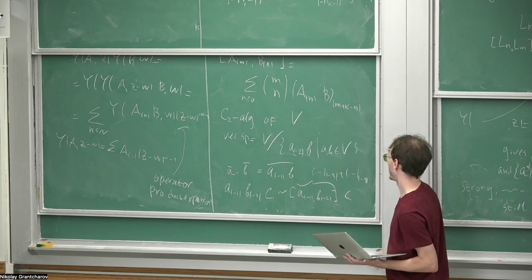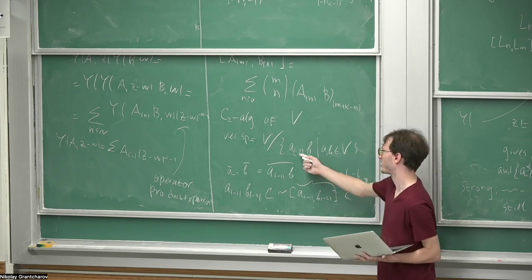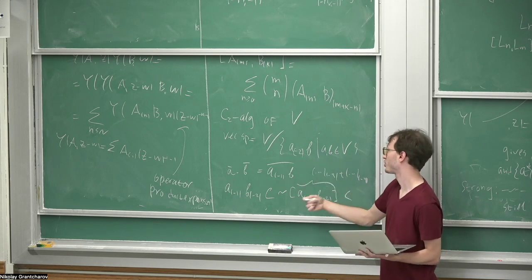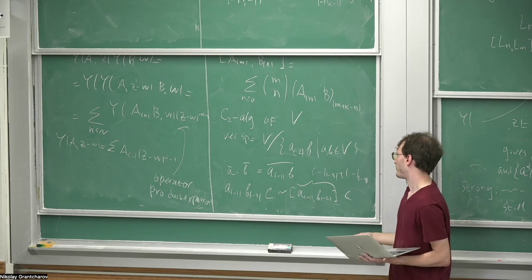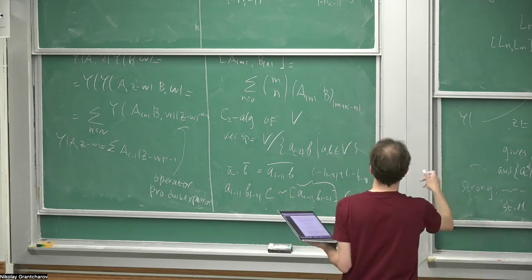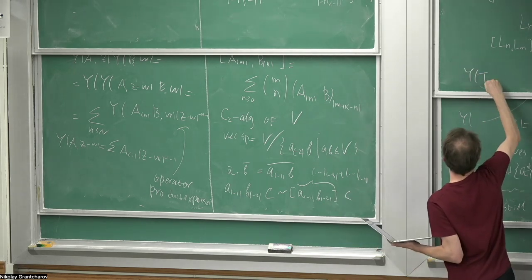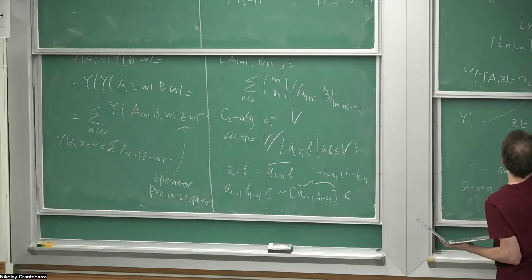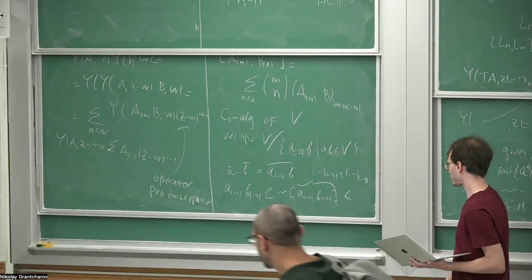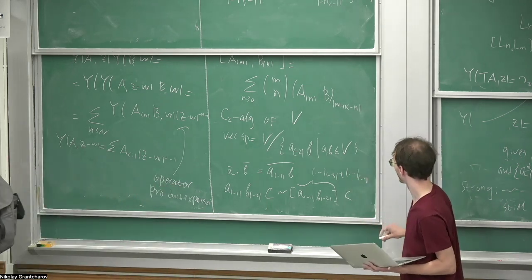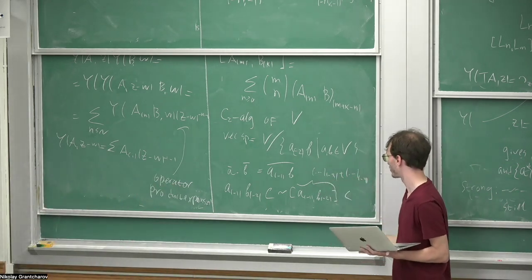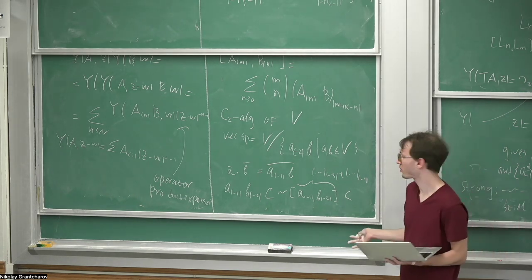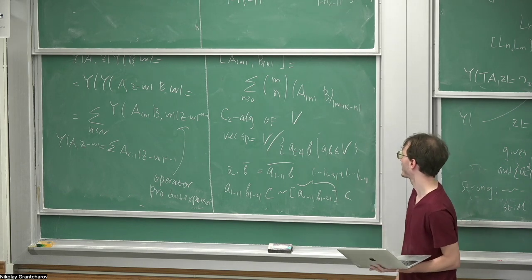So minus 3 is better than minus 2 because you can take T A. T shifts. So you can use these kinds of formulas to prove it's well-defined.